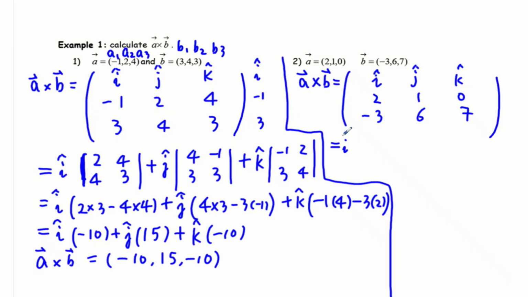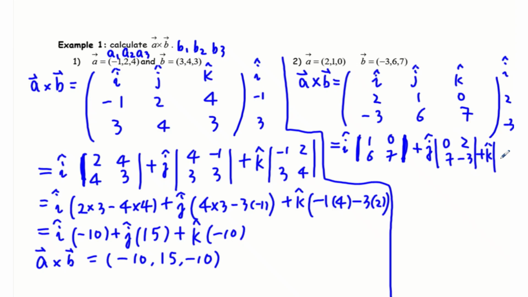The I direction is just 1, 6, 0, 7. Cross the I out, only this part left. Then plus J. J is a little bit tricky. We need to put I continue to -3. So J cross out, it will be 0, 7. I direction, follow it, then plus K. K is only this part, 2, 1, -3, 6.